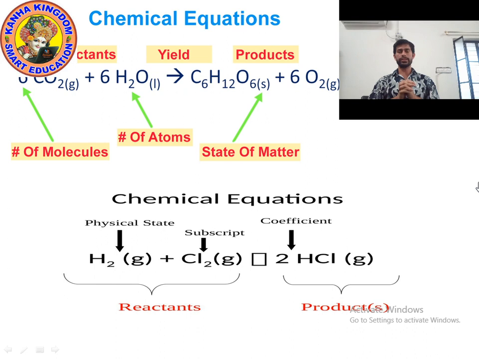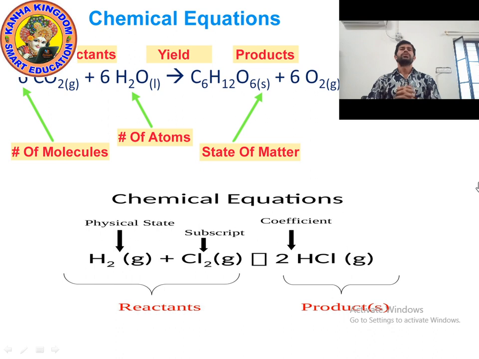The next chemical equation is the reaction of hydrogen with chlorine, giving hydrochloric acid, HCl, as the product. Look at the reactants first. H2 is a gas, so I have used small g. Cl2, chlorine, is also a gas, so I have used g. HCl, hydrochloric acid, is in gas form, so I have written g.